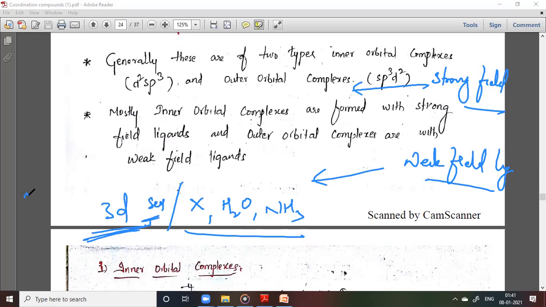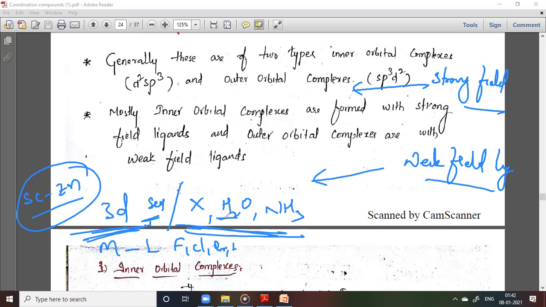The 3d series means scandium to zinc. So whatever the metal, if it is coordinated with these ligands, that is all halogens like fluorine, bromine, iodine, and water and ammonia, they are generally weak field ligands.